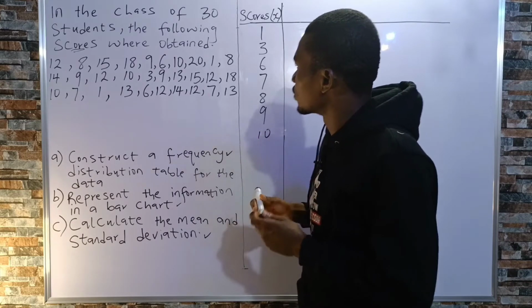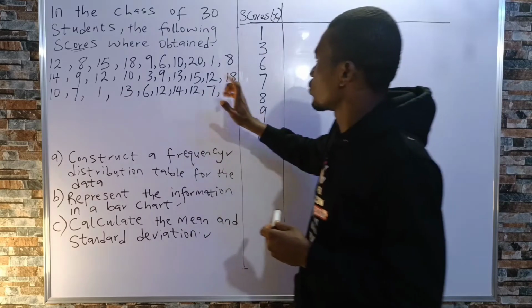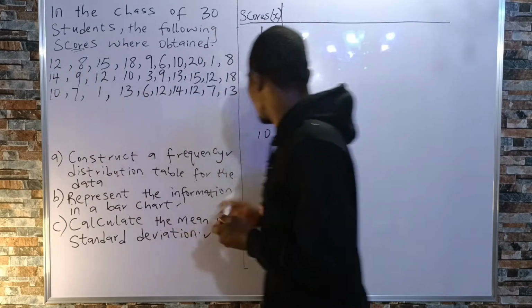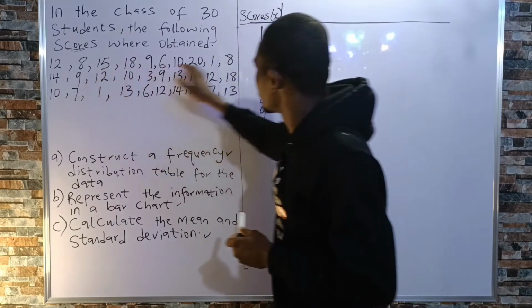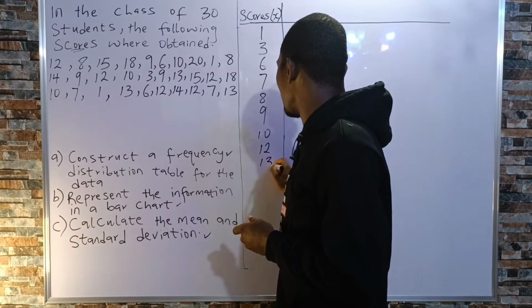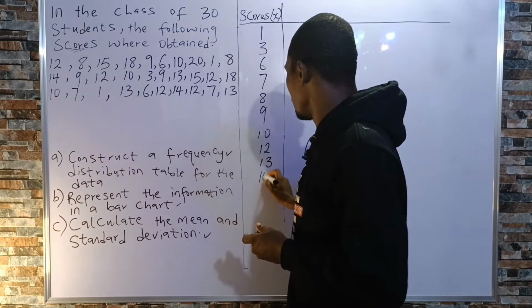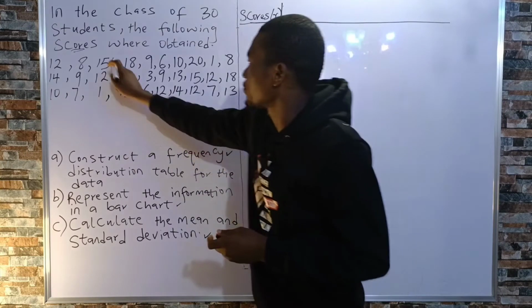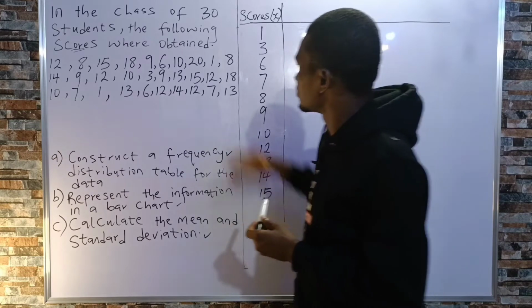You check for 11. I guess we don't have any 11 here. We check for 12 and we have 12. We check for 13. We have 13. We check for 14. We have 14. We check for 15. We have 15. We check for 16.